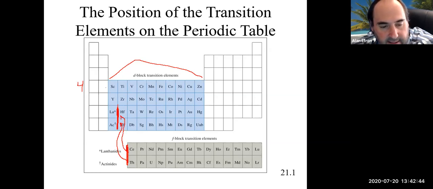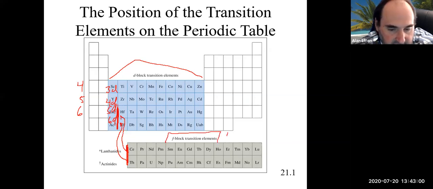But this one right here is 3D, then 4D, 5D, and 6D, which means this one here technically would be on period number 6. These two down here are F blocks in terms of electron configuration. And the top one would be 4F, the bottom one would be 5F.